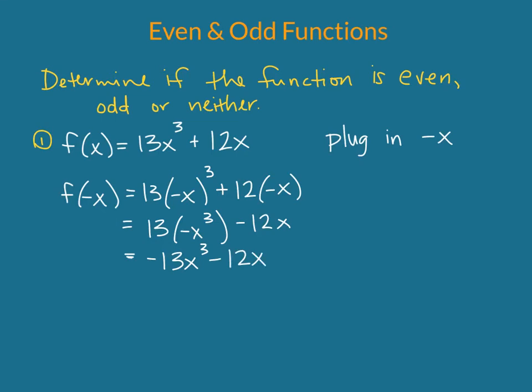So when we plugged in negative x, we got out the exact opposite of f of x. F of x had both terms being positive, so its opposite, negative f of x, had both terms being negative. So since all the terms were opposite, this function is an odd function.